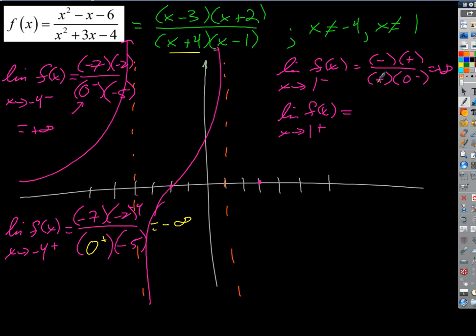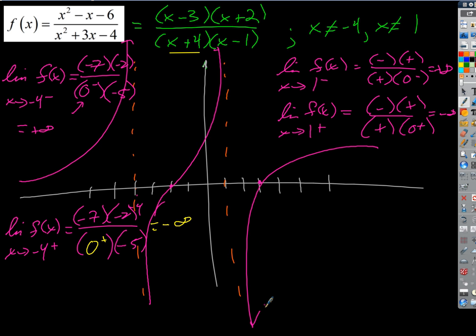I'm going to get the same signs for the 3 that aren't 0, but then what's the 0 going to be this time? So that makes it negative infinity, right? So over here it's going to do something like that. Okay, that's all we need for now. Okay, we got the limit. We found the vertical asymptotes.